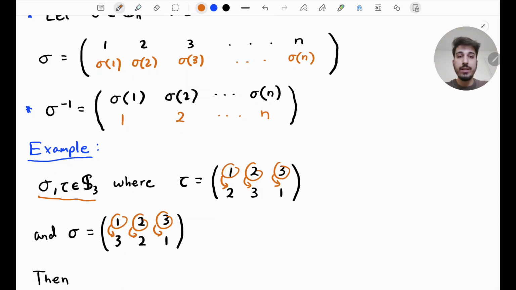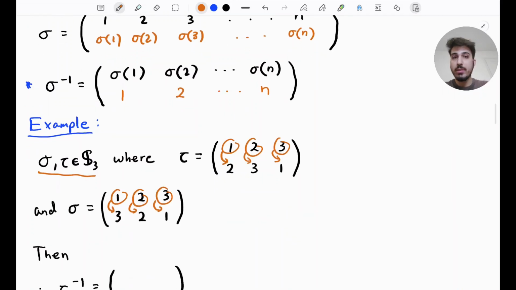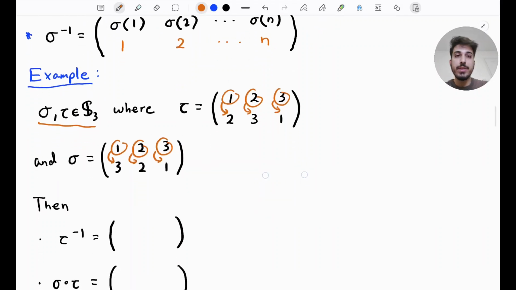Now let us calculate what tau inverse looks like. So tau inverse is also an element of S3 because remember S3 is a group, so any element in the group has an inverse. And tau inverse is calculated as such.